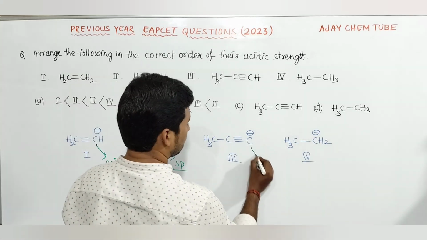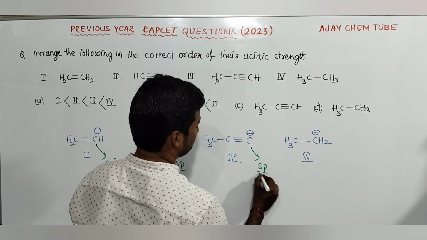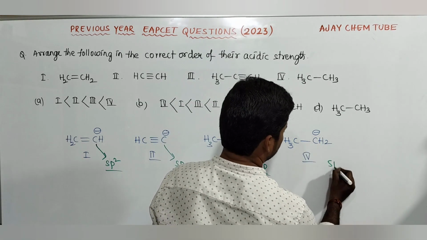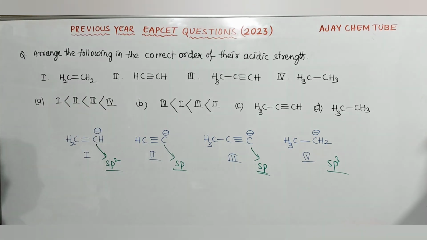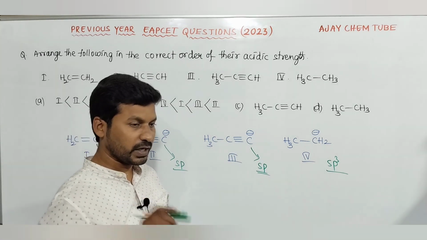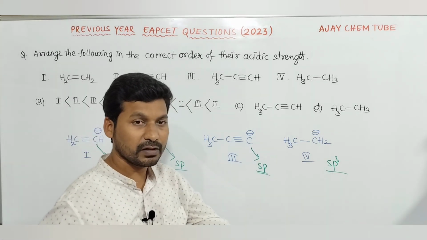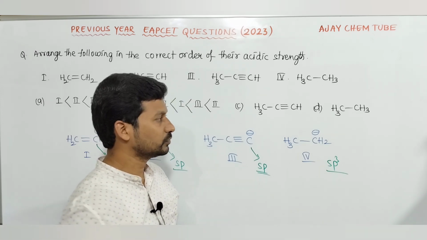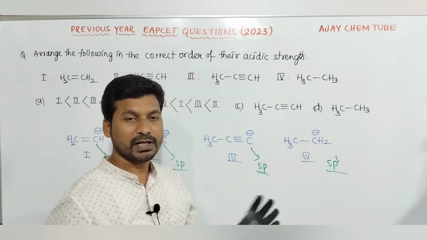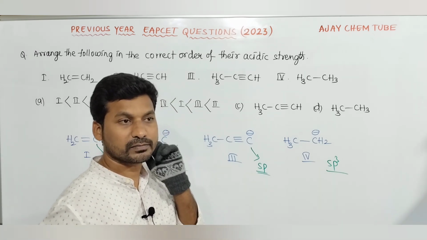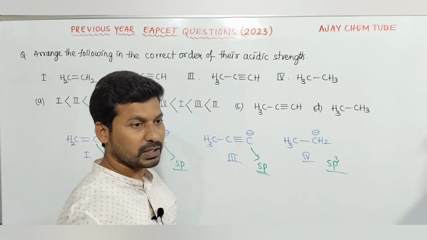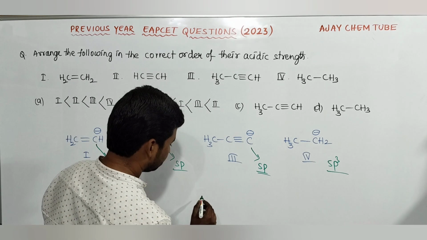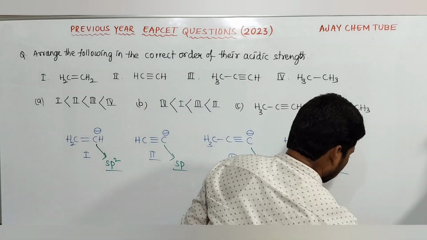And this is also sp carbon. Here this is sp3 carbon. So remember one thing, if the negative charge is in delocalization, that is sp2. If the negative charge is not in delocalization, that is sp. A very, very important point we have to remember.